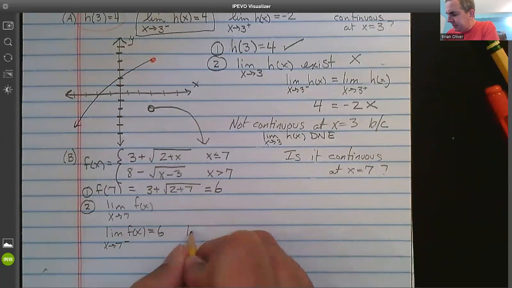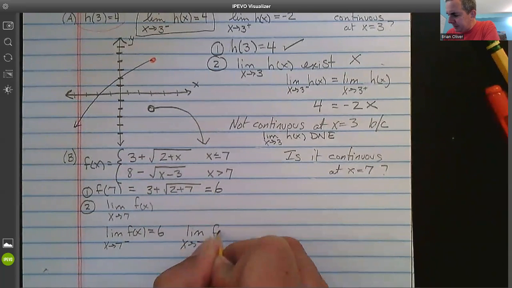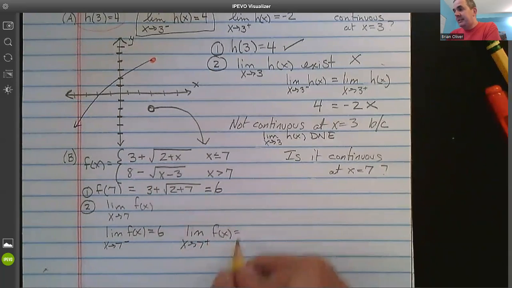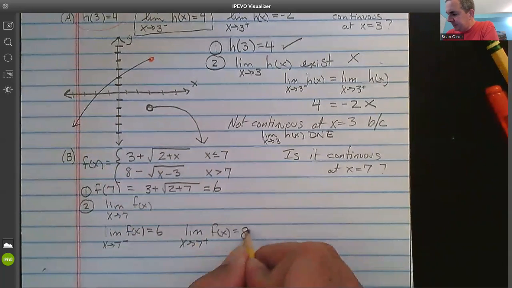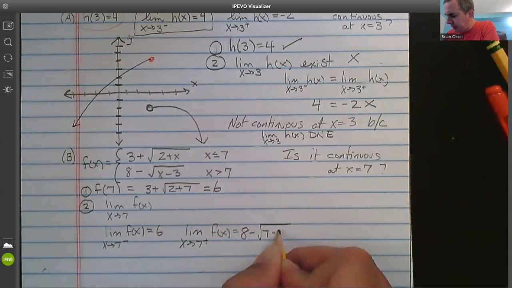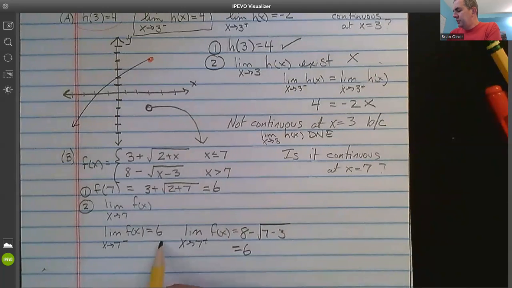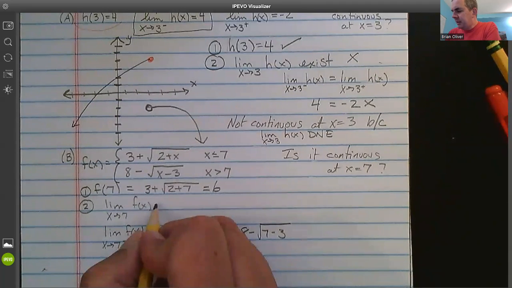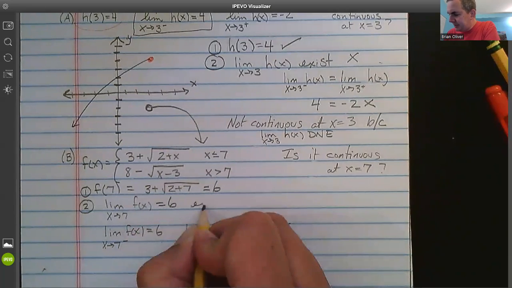Now I need to do the limit as x approaches 7 from the right of f of x. And that is going to be this other function, 8 minus the square root of 7 minus 3. That's going to be 8 minus the square root of 4, which is 2. 8 minus 2 is 6. These two things equal each other. So the limit of f of x as x approaches 7 is 6. So that exists.